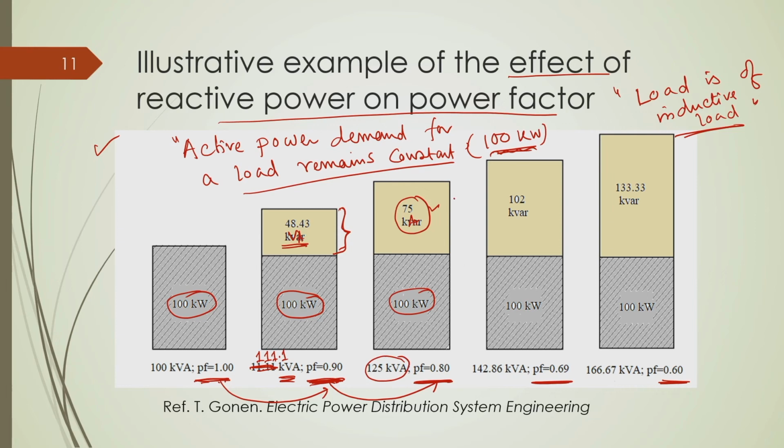Now, again if power factor is changed from 0.8 to 0.69, keeping the active power demand constant, the reactive power demand will obviously increase and this will increase the kVA demand as well. Similarly, if power factor is further reduced to 0.6, you can see the reactive power and kVA demand increase again.